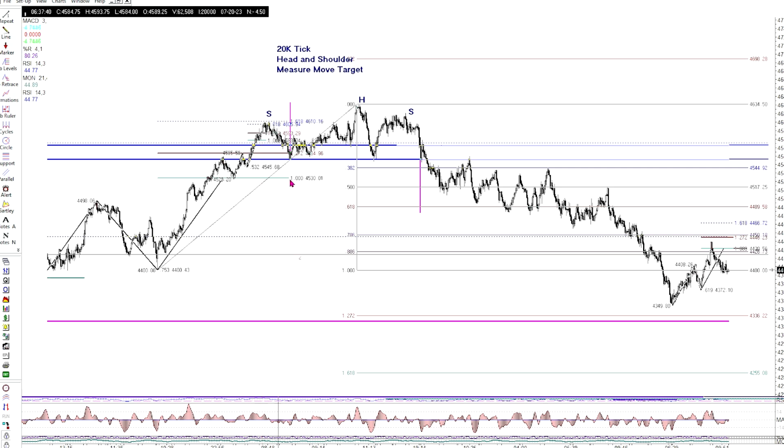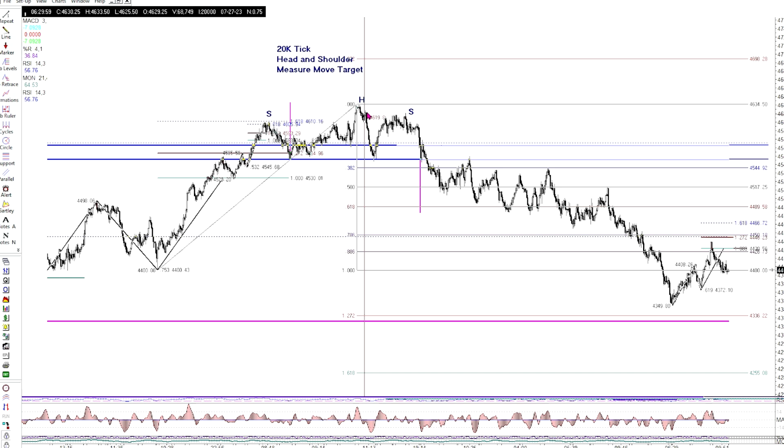I had marked in this head and shoulder pattern that we can see on the 20,000 tick. This is why I like to use a combination of time frames and different types of charts. I don't believe on the regular session chart, maybe about a 60-minute, we could see this head and shoulder pattern.